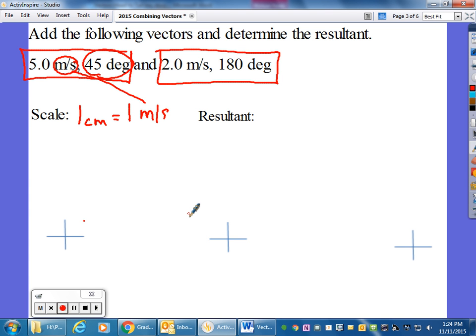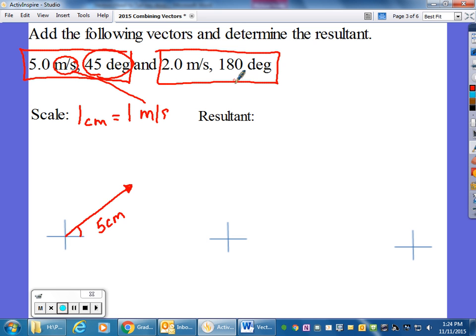I'm going to make mine bigger than 5 centimeters so that y'all can see it. But imagine, if you will, that that's 5 centimeters. You will draw yours 5 centimeters using your ruler at 45 degrees. The 45 degrees is from your protractor, 5 centimeters from your ruler.